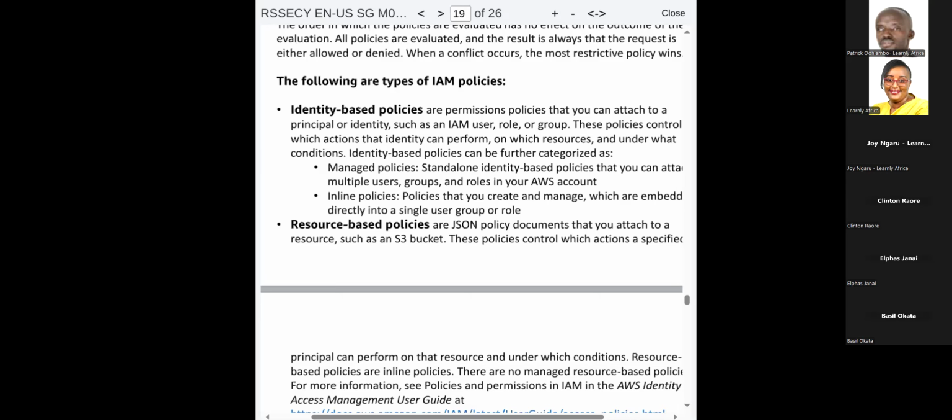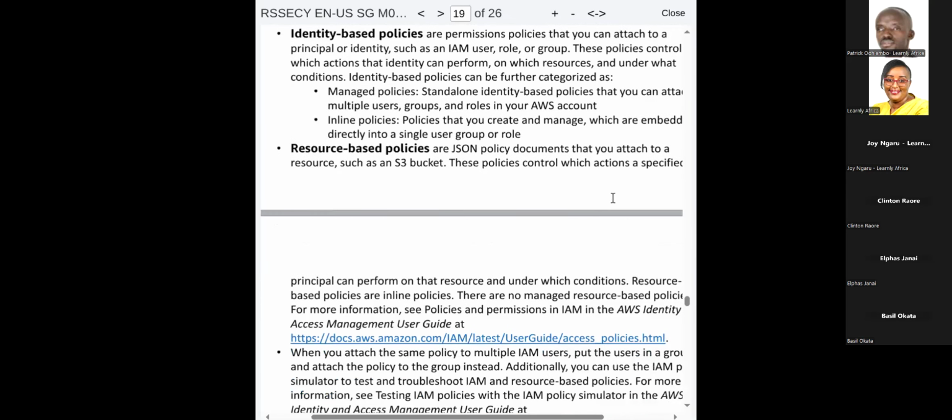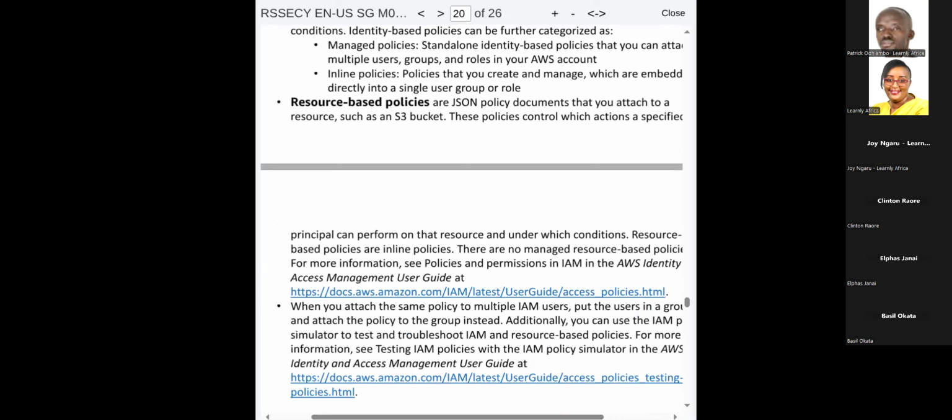And then we have resource-based policies. Resource-based policies are attached directly to AWS resources, for example on S3, to control access by specified principals. They are always inline, no managed version, and they define who can access the resources and under what conditions.